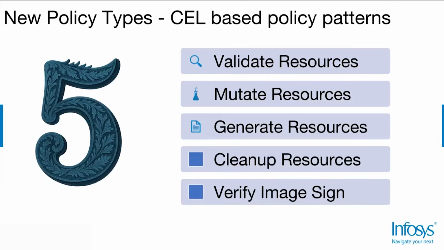And why CEL? Because as you know, Kubernetes validating admission policy uses CEL, and mutating admission policy uses CEL as well. And there are other CNCF projects like Istio and Gateway API that also use CEL. So you can see there's a trend in the CNCF landscape, including Kubernetes, of adopting CEL.